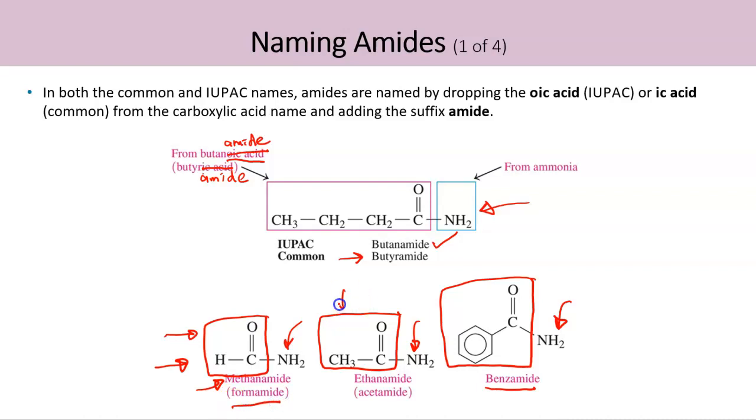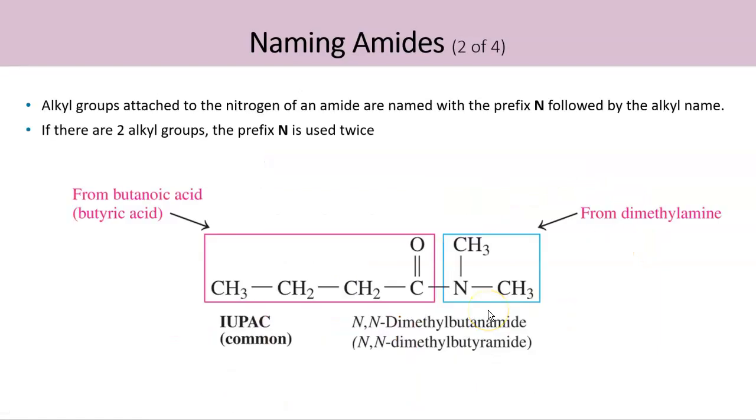And this is acetic acid according to the common names, so that will be converted to acetamide. So that's how we give the common names for these simple amides. The common names will generally be given for amides containing 1 carbon to 4 carbon atoms.